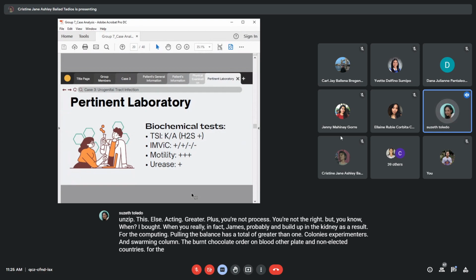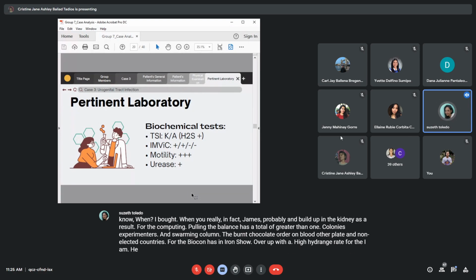For the biochemical tests, in triple sugar iron, it shows acid over acid with the presence of hydrogen sulfide. For the IMViC, it is positive for methyl red while negative for both VP and citrate, positive for motility, and lastly positive for urea.